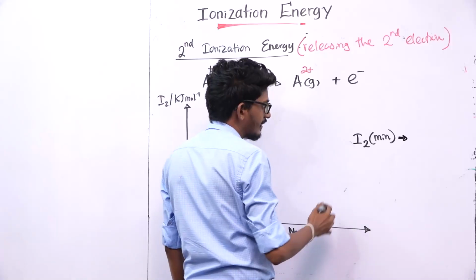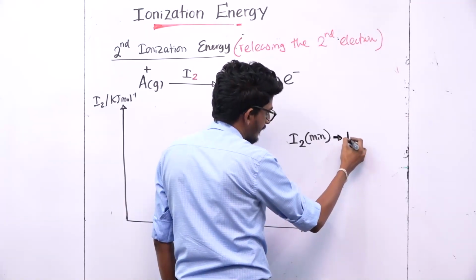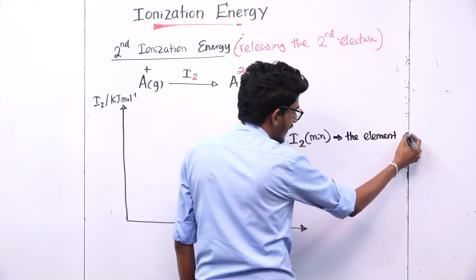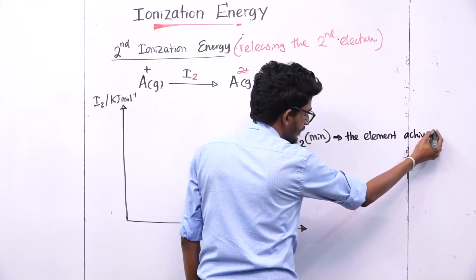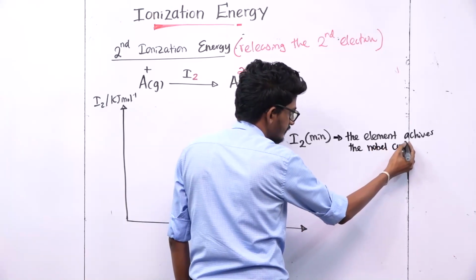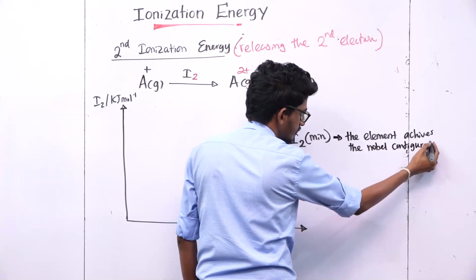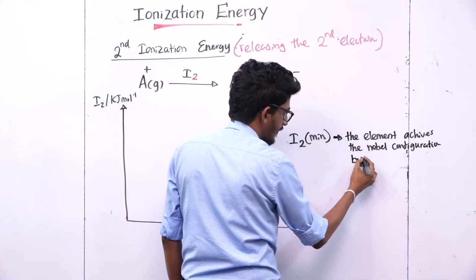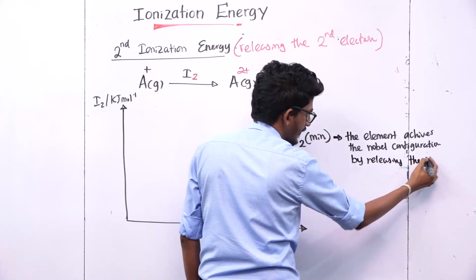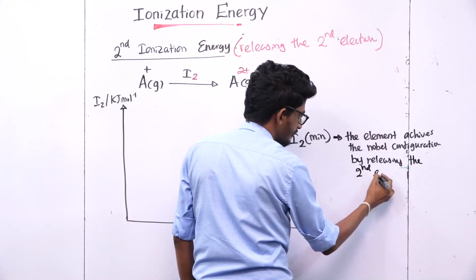I2 minimum is shown by the element that achieves the noble gas configuration by releasing the second electron.